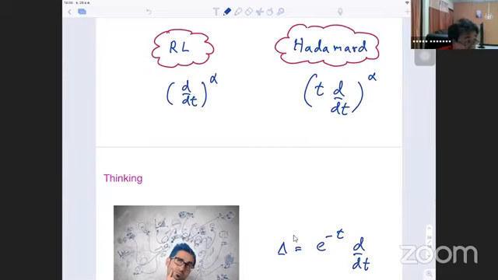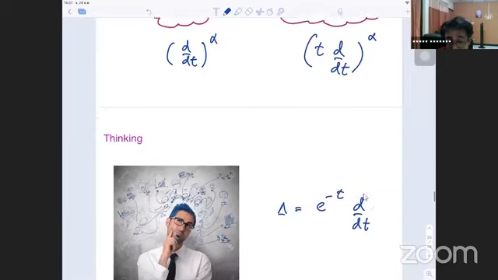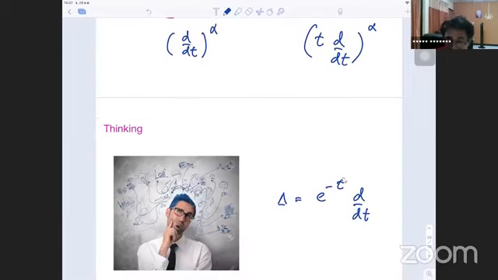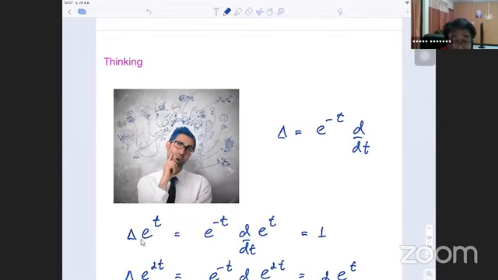About 3 years ago, I thought about some new definition, but not new. But in that time, I think new. This derivative e power minus t d by dt, because I observed that the delta e equal to 1.